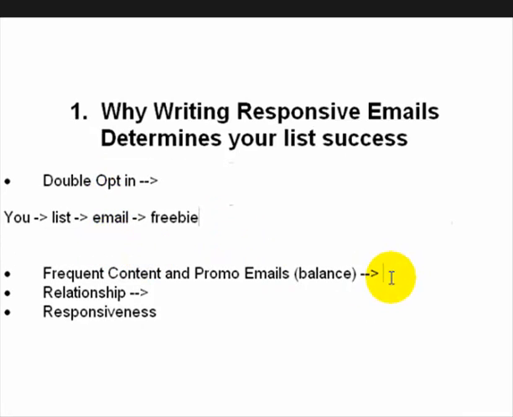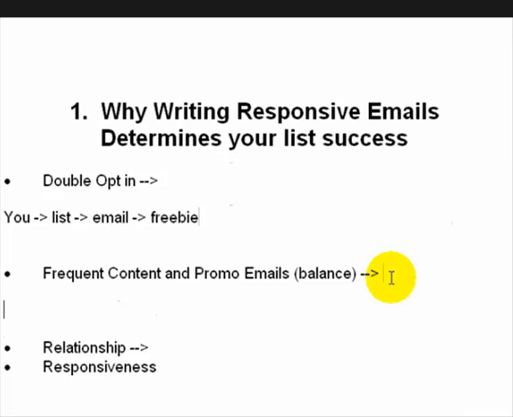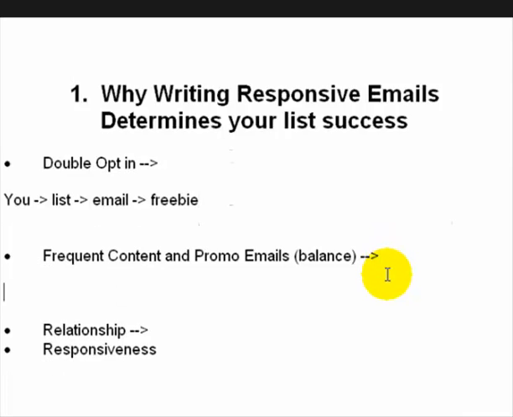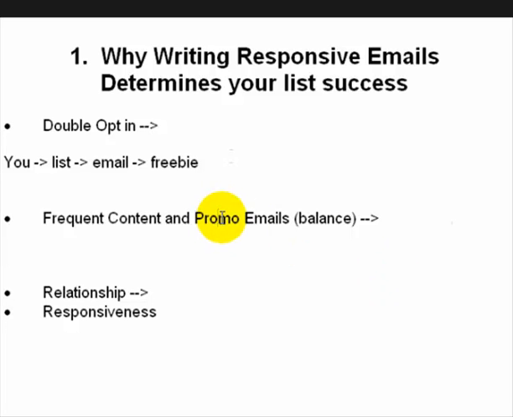Once you do that, whether you choose double opt-in or single opt-in, which I recommend double opt-in, whatever you do after that, you need to email them with frequent content and promotional emails. So you got a balance here. You got content, then you got promotional emails. So you educate them, and then you promote. Educate them, promote. You don't want to do just content.